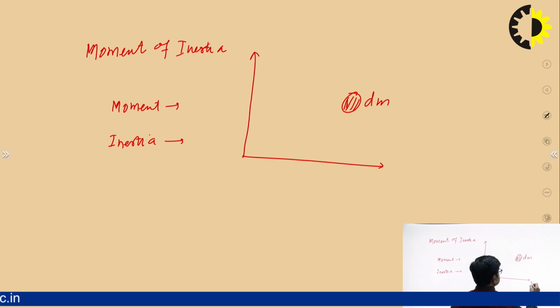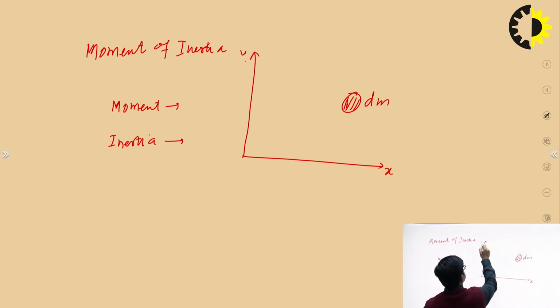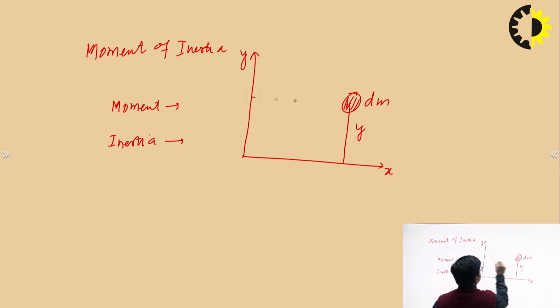Say this is the x axis and this is the y axis. The distance of this mass from the x axis is y and from the y axis it is x.